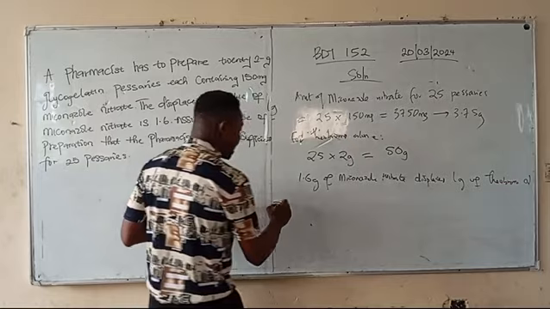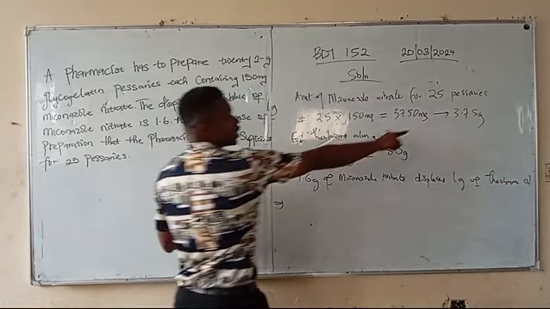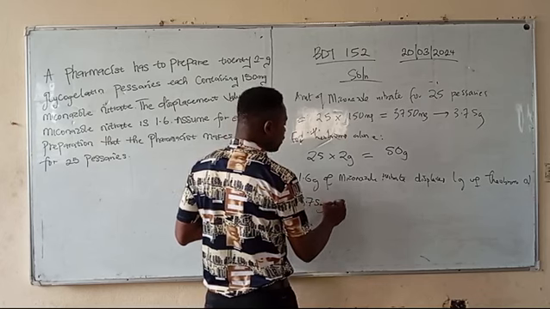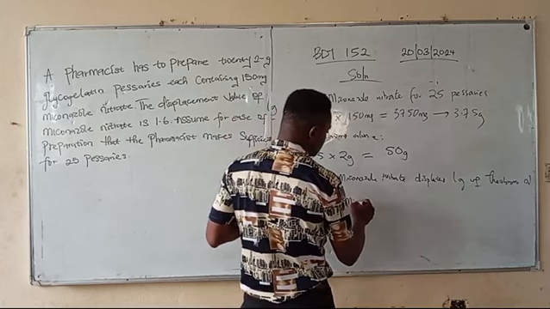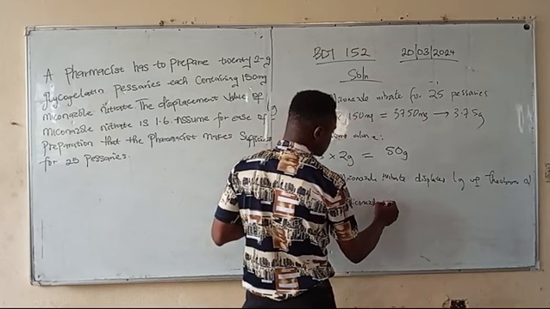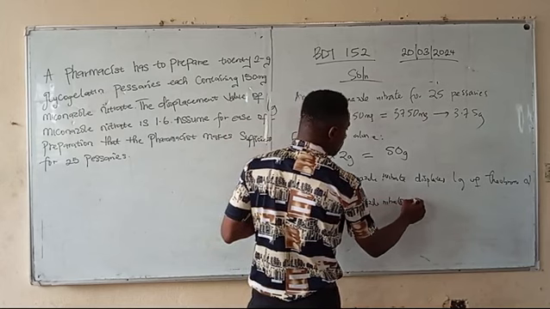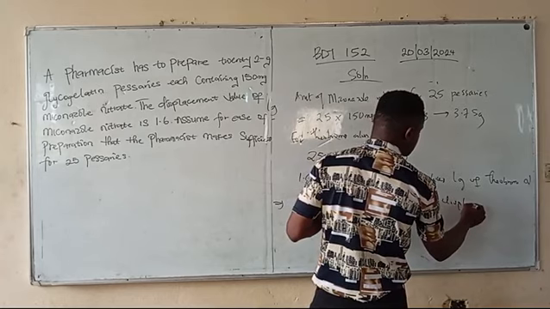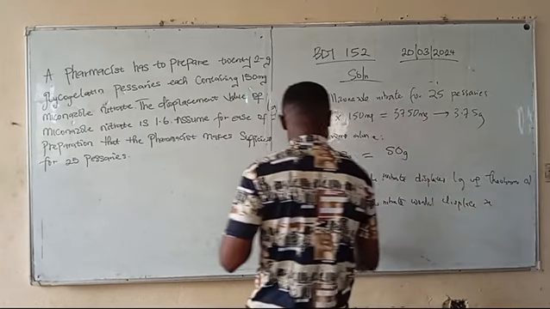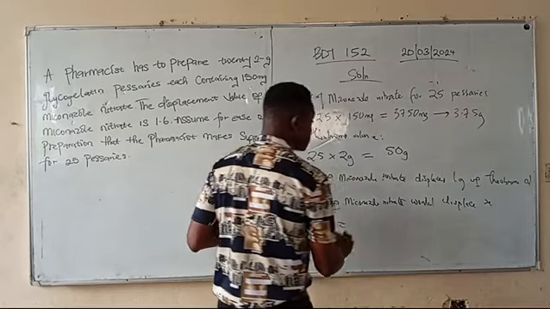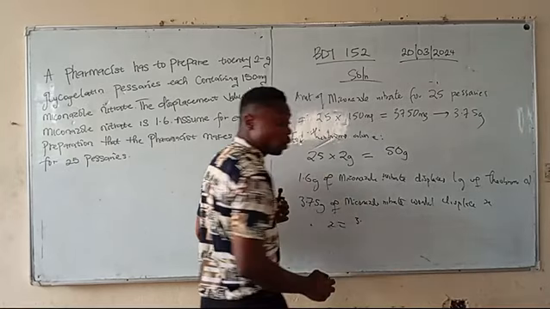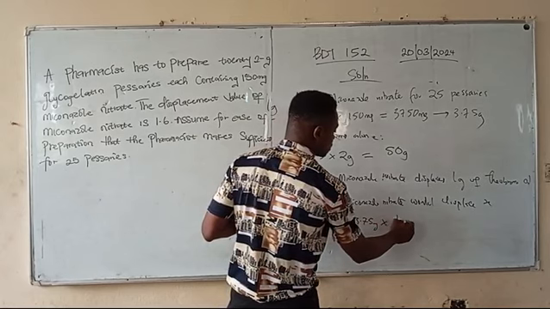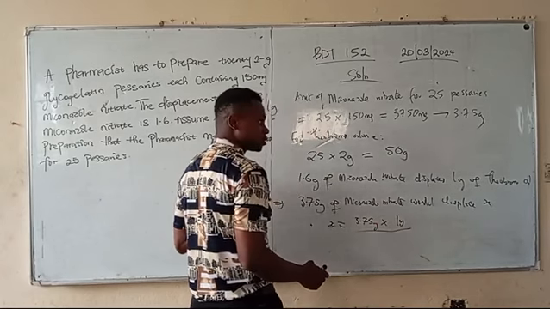So this implies that 3.75 gram of miconazole would displace X. So X is now equal to 3.75 gram times 1 gram, all over what?